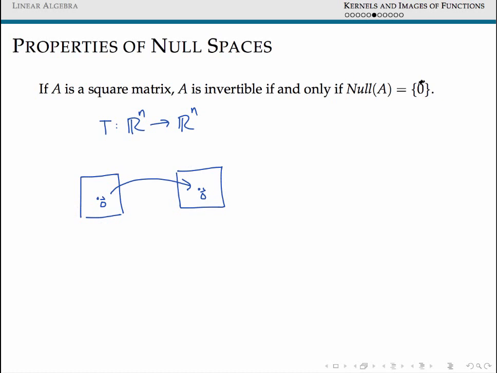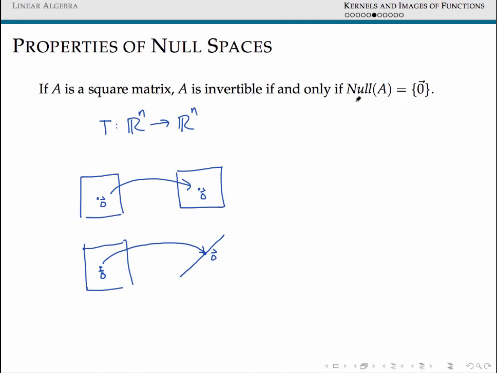The only way that we would have more elements in our null space is if the image of our map, which still is going to include 0, maps down to some smaller subset of our original set. So our 0 vector is still certainly going to be in there, but getting other non-zero vectors will make it so that our matrix can't be invertible.